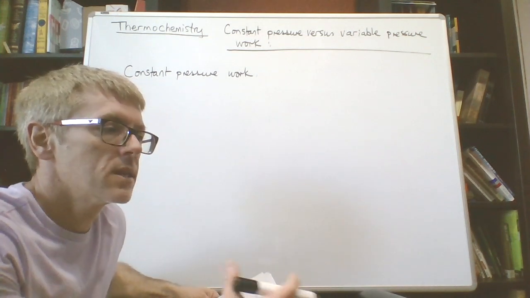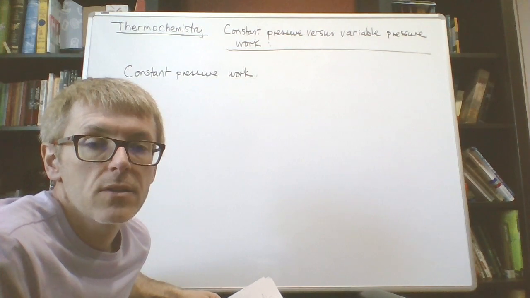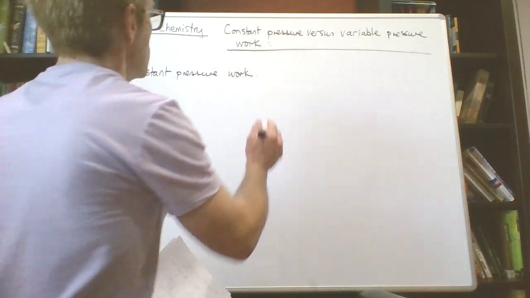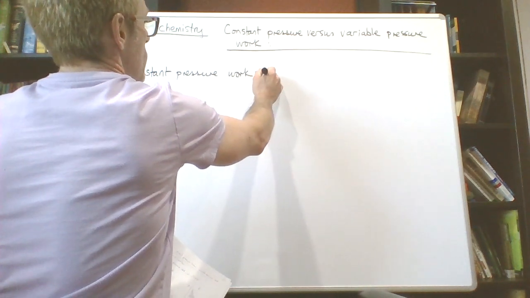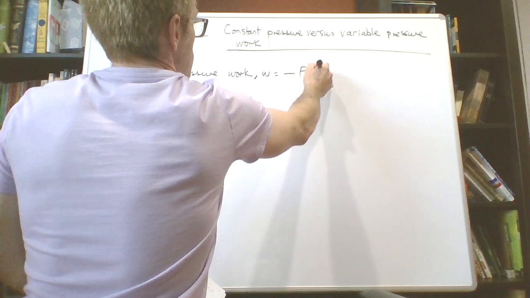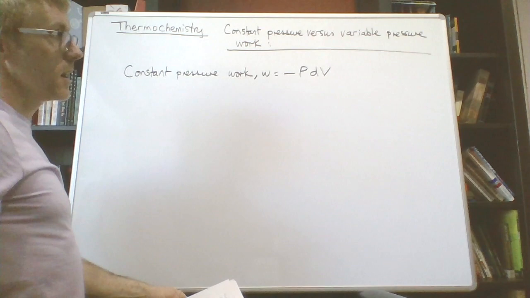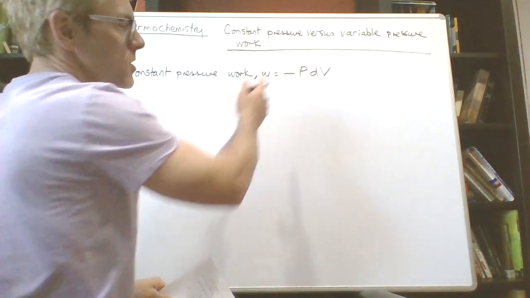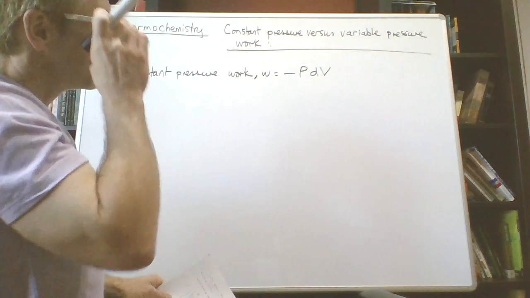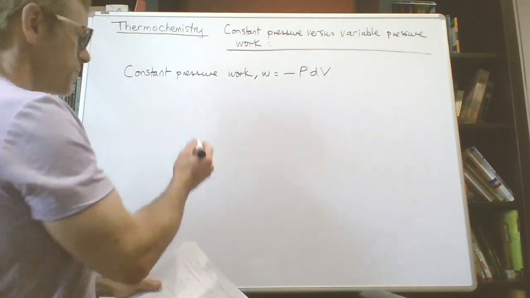So consider expansion or contraction of the ideal gas against a constant external pressure. So constant pressure work is W, is minus pressure, change in volume. So here, I'm assuming that D is change. You can use a triangle if you like. I'm going to use them interchangeably. So minus pressure by the change in volume.